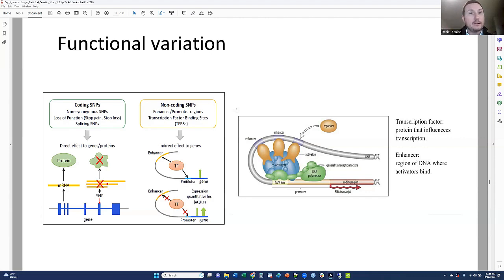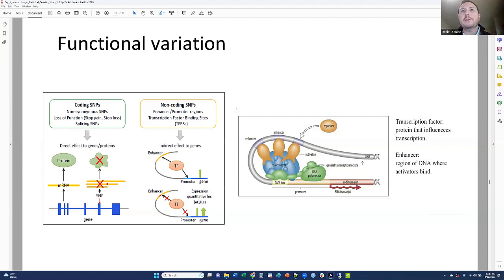It can silence the gene, preventing it from producing any protein product, or it can upregulate the production of the gene, resulting in more of a protein product being expressed. So these variants that occur in non-coding regions, if they occur in enhancers, promoters, or repressors, they can actually have big effects on gene expression, even though they don't affect what protein is produced by that gene.